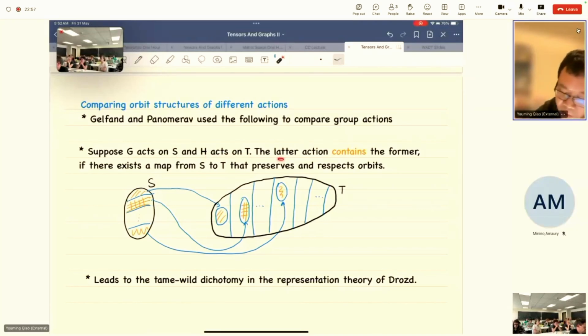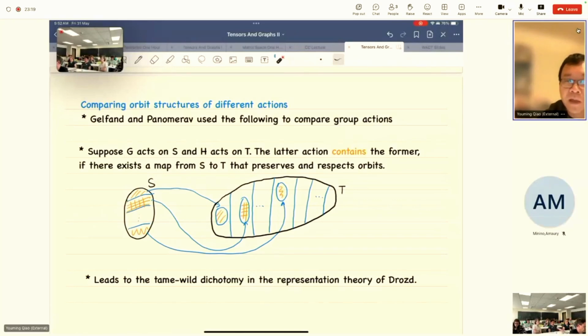We say that the latter action contains the former if there exists a map from S to T that preserves and respects orbits. So you can imagine that S, because of the group action G, is partitioned into orbits, right?